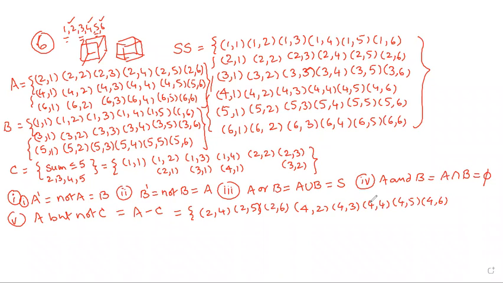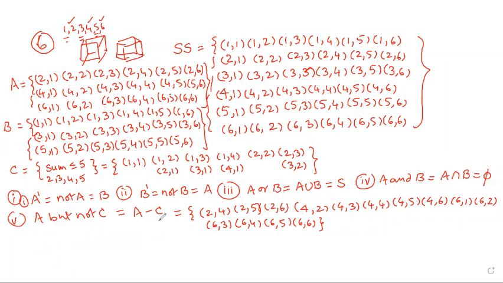Next, what is remaining? There is no cancellation with the 6s, so I will write all 6 pairs: (6,1), (6,2), next (6,3), next (6,4), next (6,5), next (6,6). That's enough. That is A minus C.